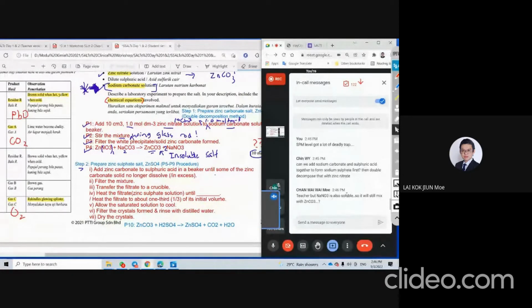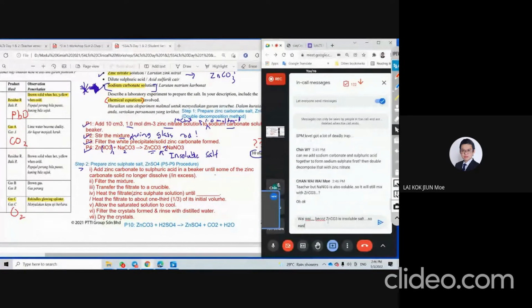NaNO3 is also soluble, yes, so it will still mix with the zinc carbonate. But it's okay. Why? Because the zinc carbonate is insoluble. It's an insoluble salt, so it is easy to separate. No problem to separate.